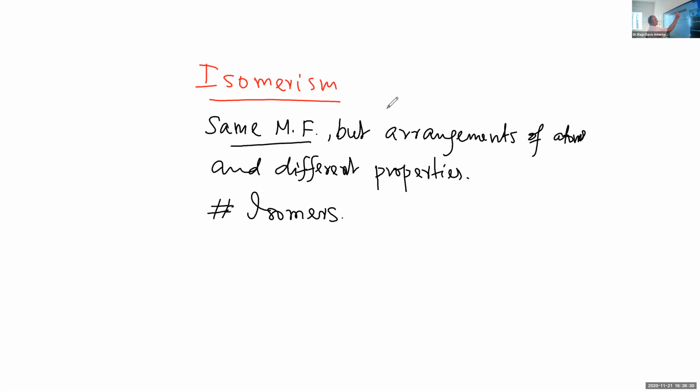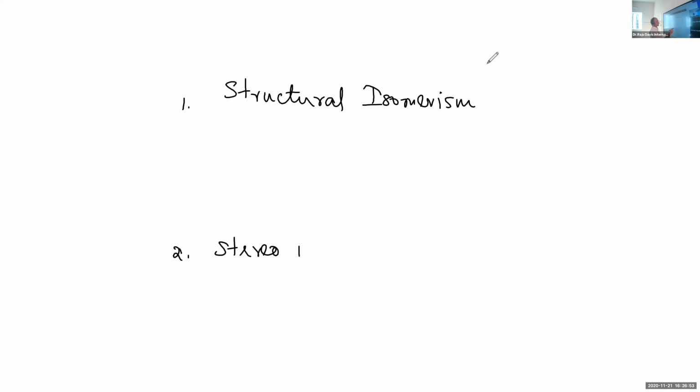Let us see the classification of isomerism. It can be broadly classified into structural isomerism, and the second one is called stereoisomerism. Structural isomerism and stereoisomerism.